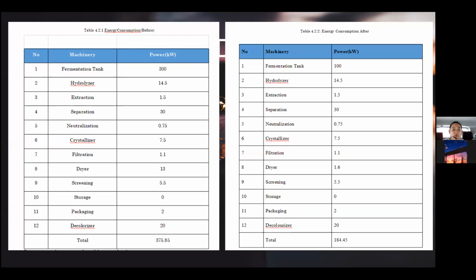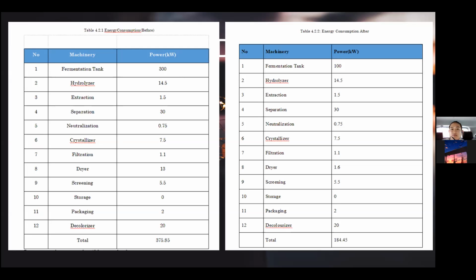So basically, we have the processes from the fermentation tank until the packaging. As you can see here, the energy consumption before is much higher compared to the energy consumption after. I would say the energy consumption before is twice as much as the energy consumption after.